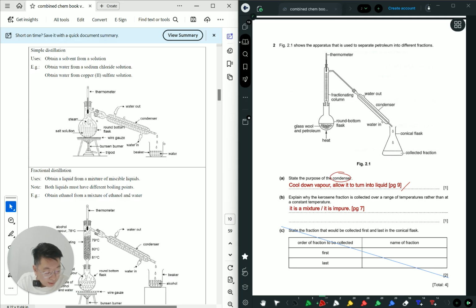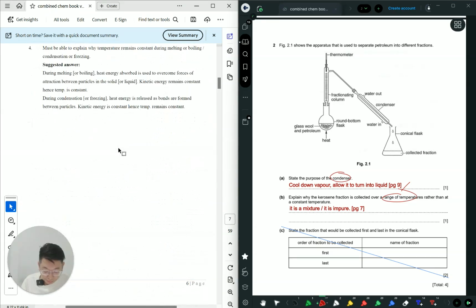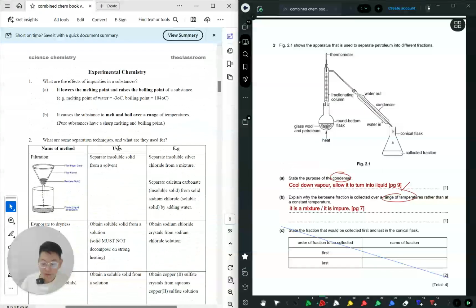Now, the key idea here is this: although we don't study kerosene, it's not really in syllabus anymore, you need to know range of temperatures. So when you see something melt and boil over a range of temperatures, this is from the chapter on impurities. If you turn to page 7, you will notice there are 2 effects of impurities.